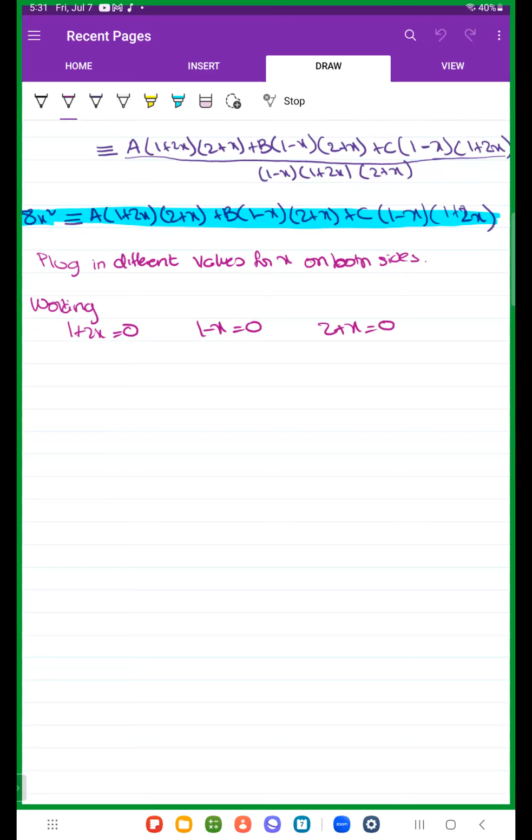So 1 plus 2x equal to 0 will give me x as minus half. This will give me x as 1. This will give me x as minus 2. If I plug in x as minus half, which two brackets will be cancelled out?